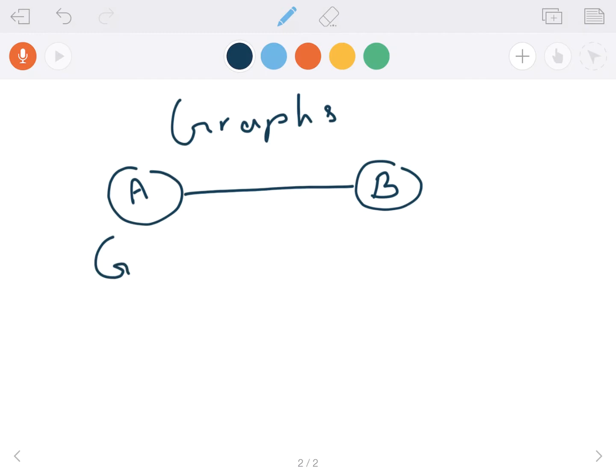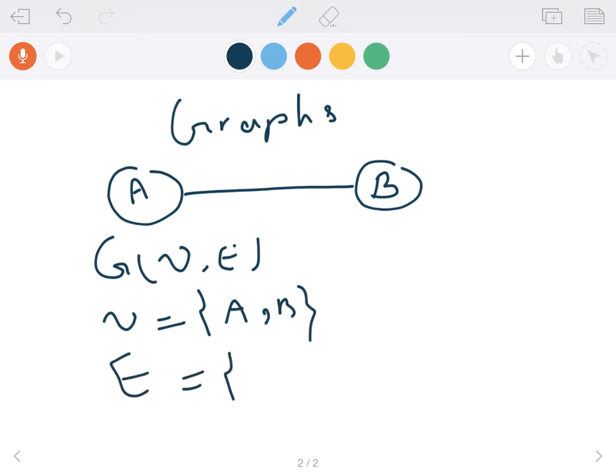So graph G with a set of vertices and edges, and our vertices will be A and B, and our edges will be A and B. So that's a very simple graph.